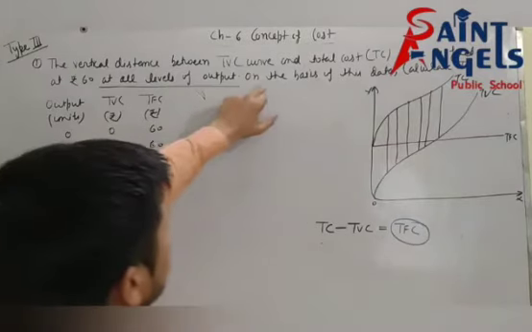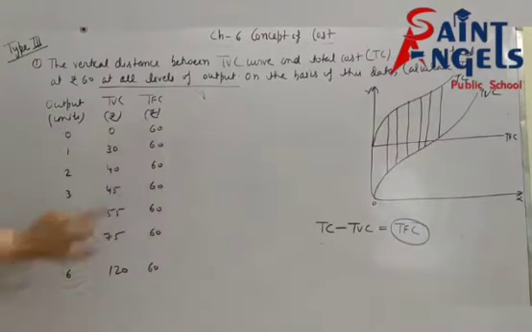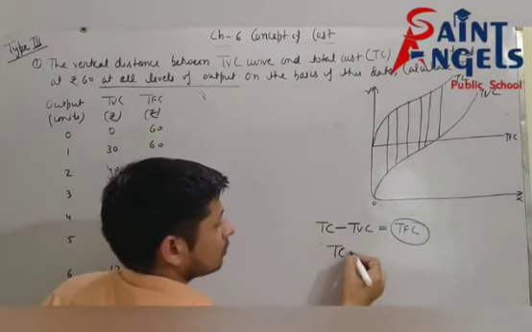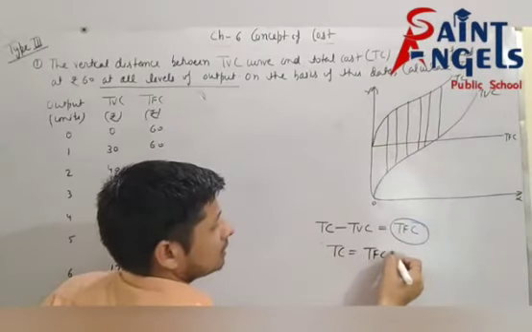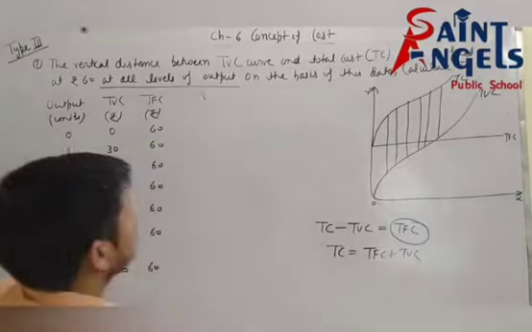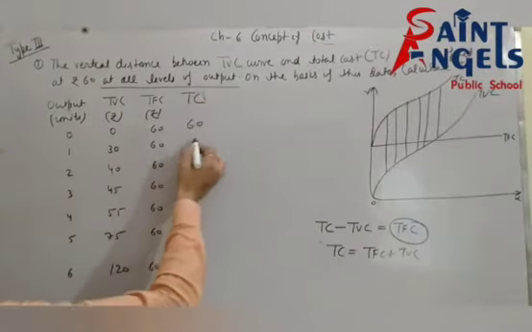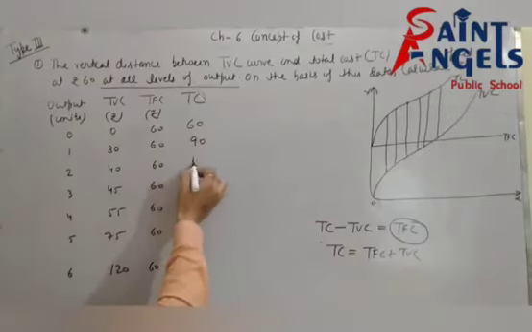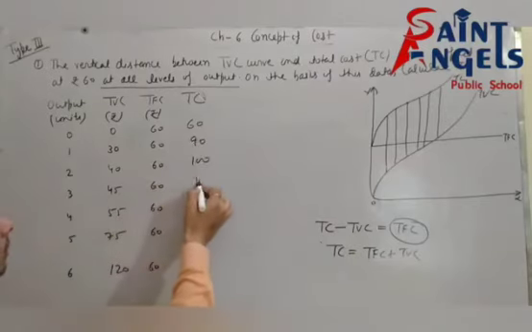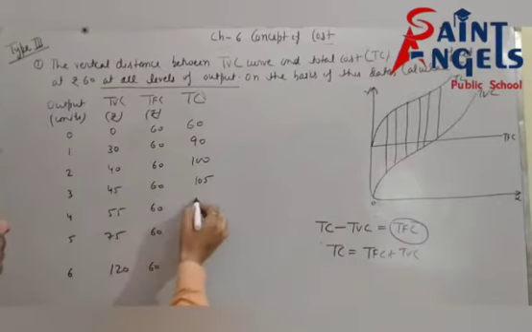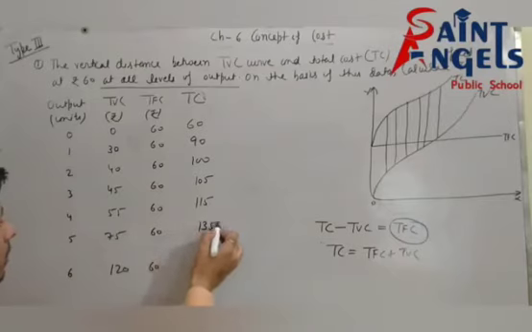Now on the basis of this data, calculate TC. TVC is given here, TFC is given here, so I will use this formula of TC: TFC plus TVC. 60, 90, 100, 105, 115, 135 and 180.